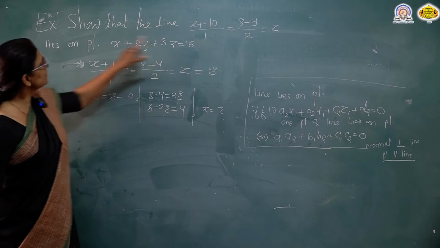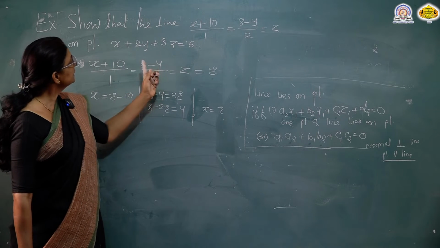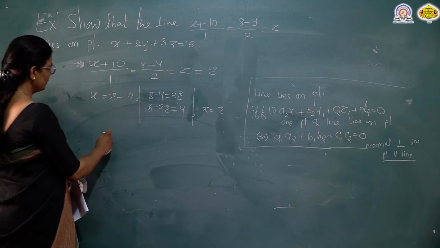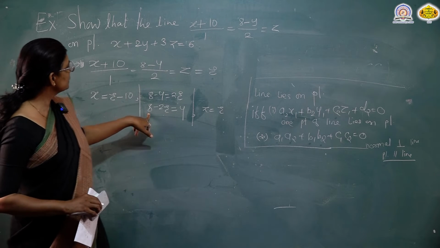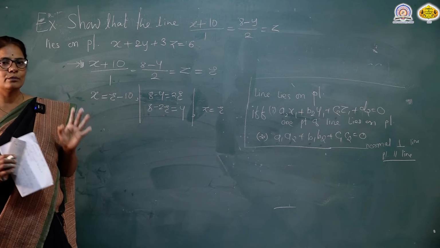So the arbitrary or general point of the line is x equals r minus 10, y equals 8 minus 2r, and z equals r.